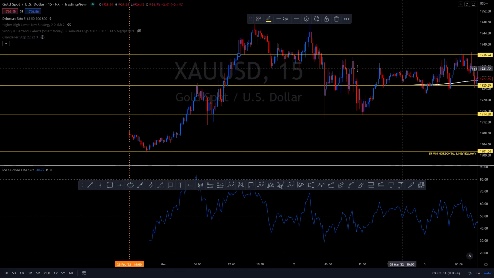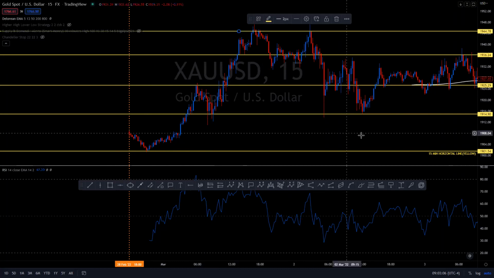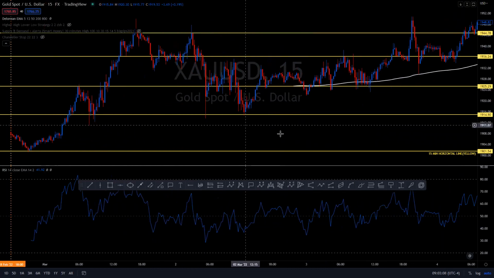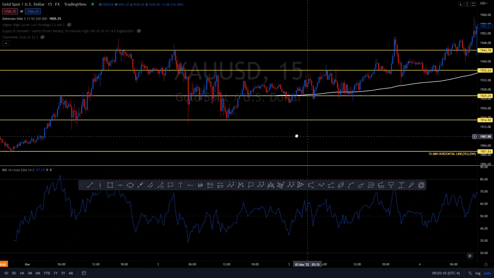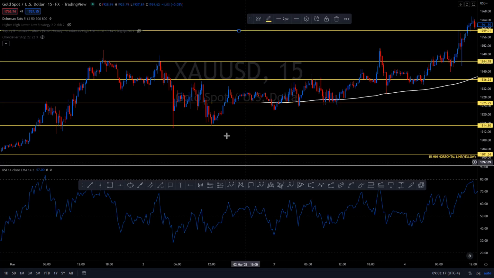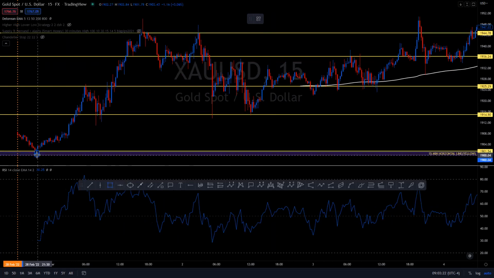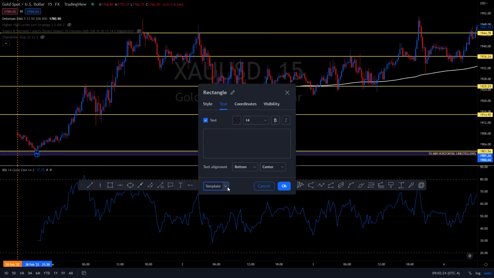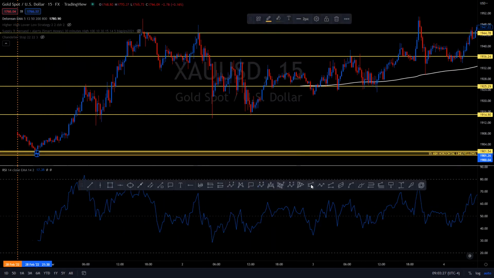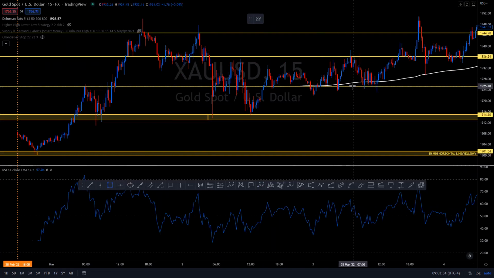A lot of wick area up in here and up in here. And here. So now mark up zones everywhere.